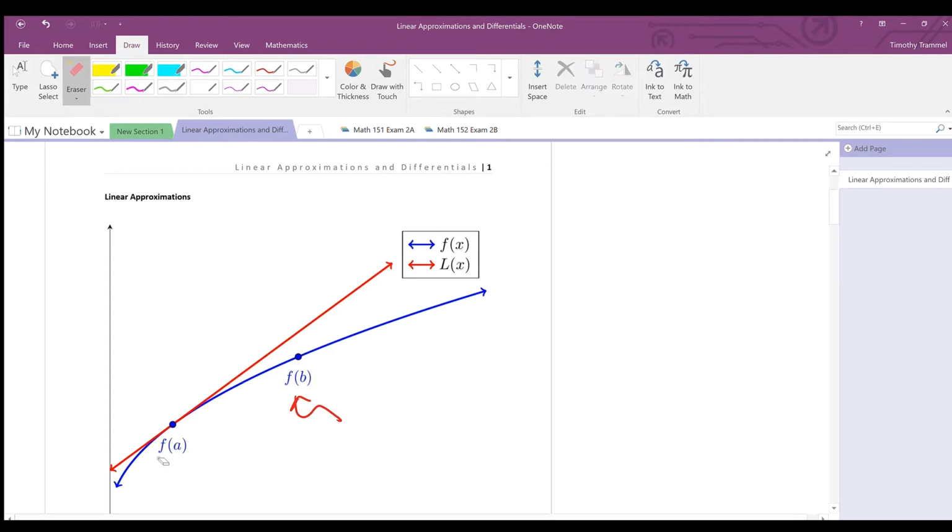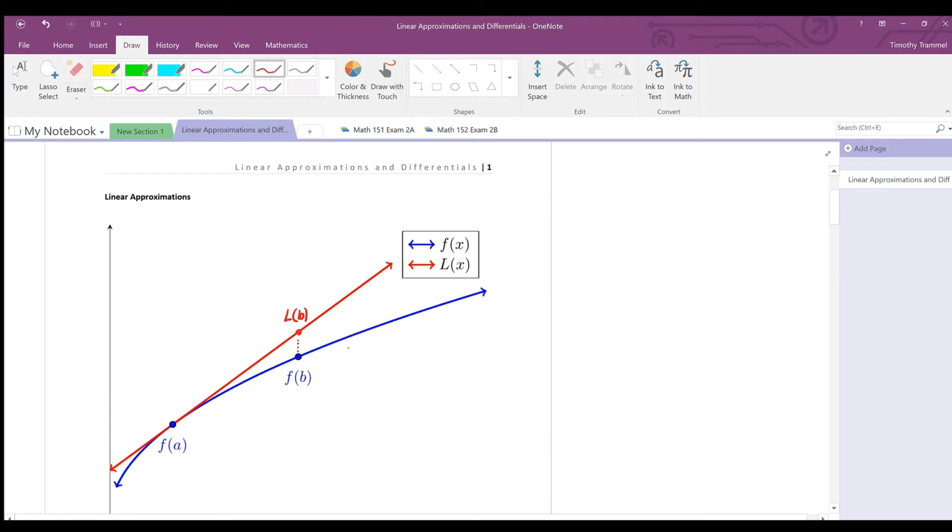Well, if we instead look at the tangent line, as long as we're not very far from where the tangent line intersects the curve, then using the tangent line to approximate this value is going to be a pretty good estimate. So this would be L of b here.